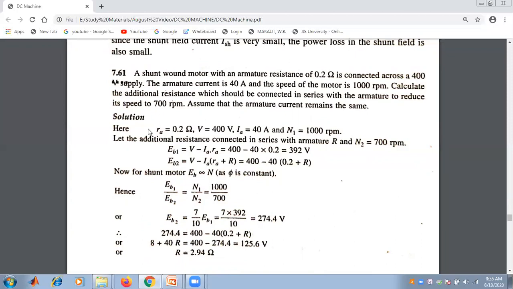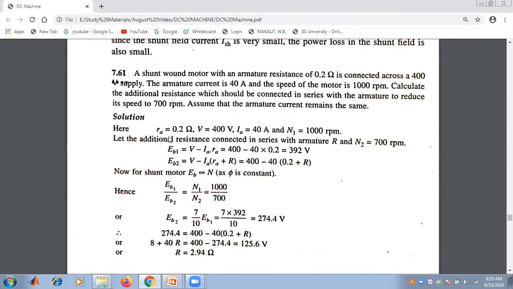So in order to approach this problem, we have to find the additional resistance that is connected in series with the armature to reduce the speed to 700 rpm. Let RA be the armature resistance.